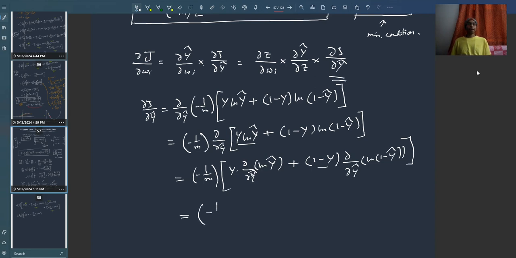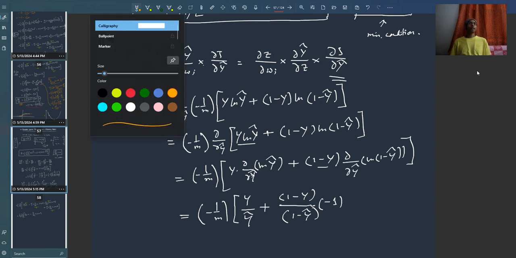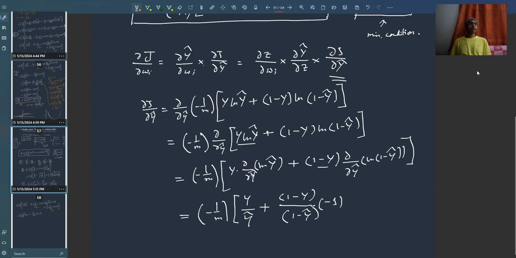This is equal to minus 1 by m, y by y hat plus 1 minus y by 1 minus y hat into minus 1. How does it come, friends? As usual, let us understand it.